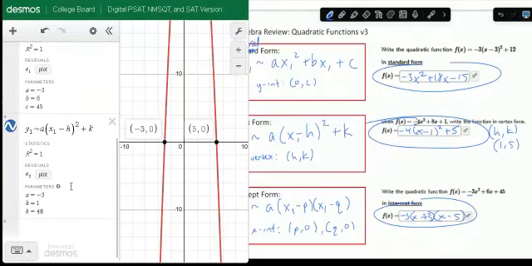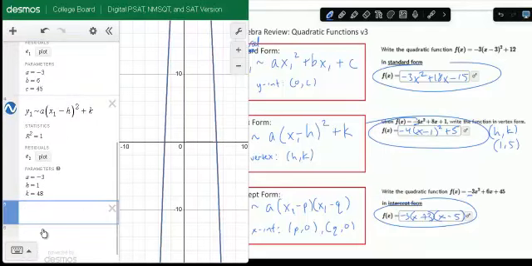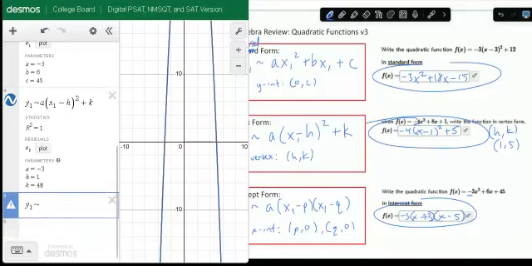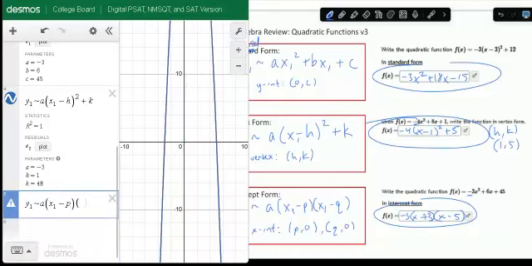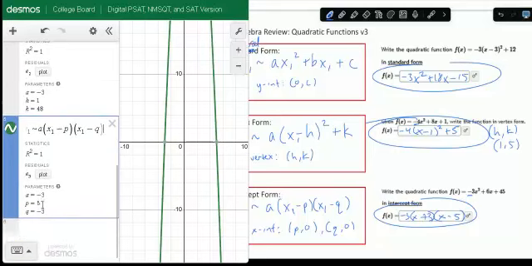But again, just to confirm that, you can come down here and use the regression equation. y1 is similar to a times the quantity x1 minus p times x1 minus q. And notice it gives you those intercepts. You saw them here, negative 3 and 5, and the leading coefficient of negative 3.